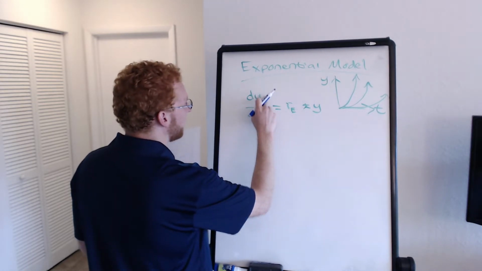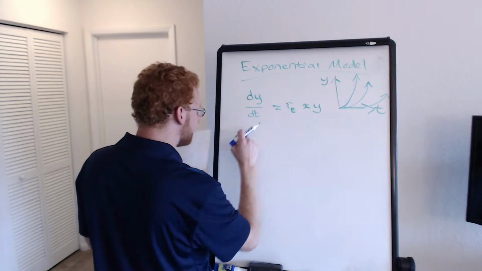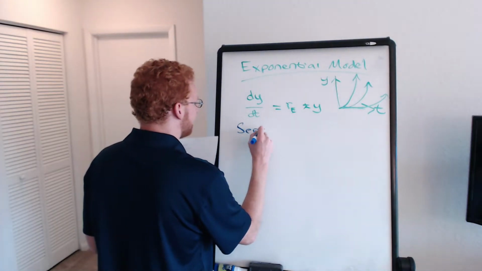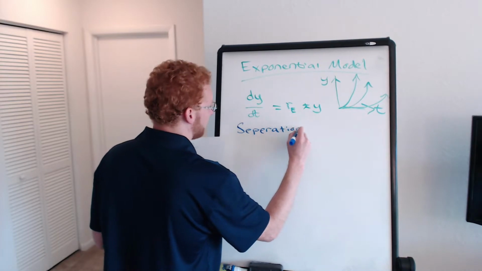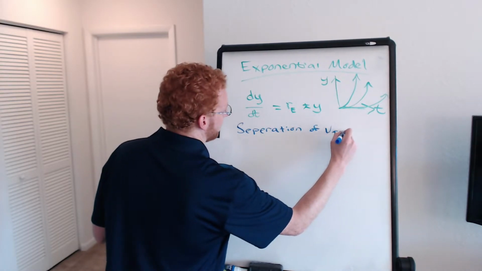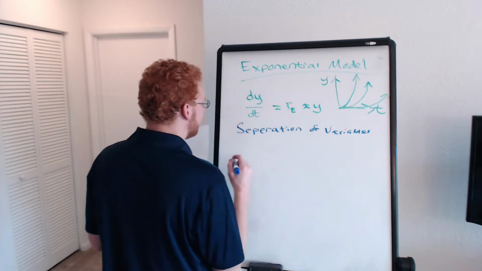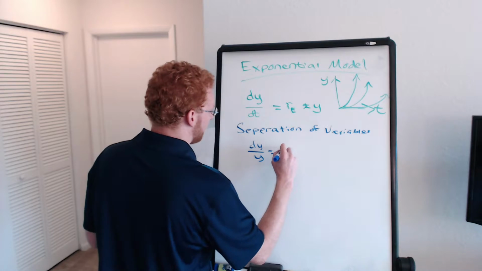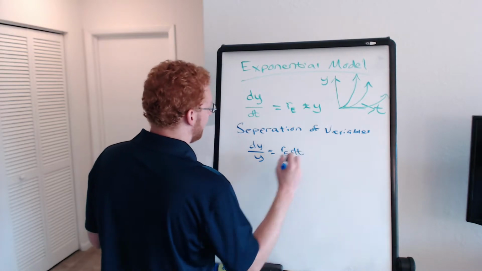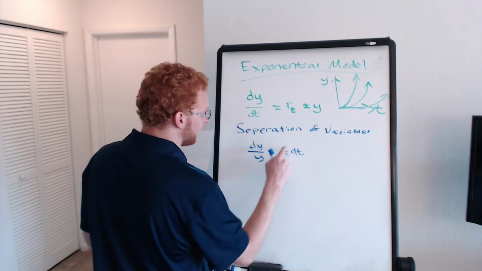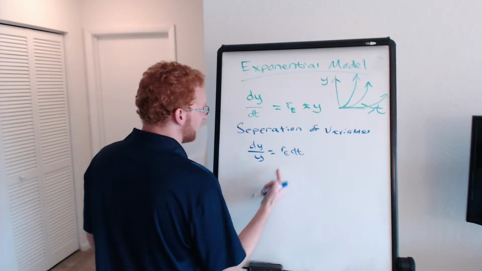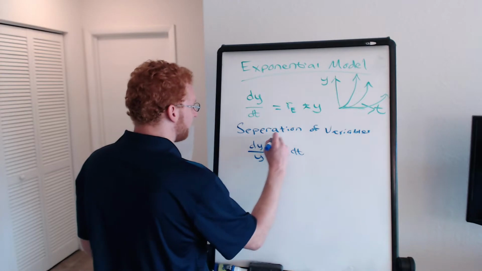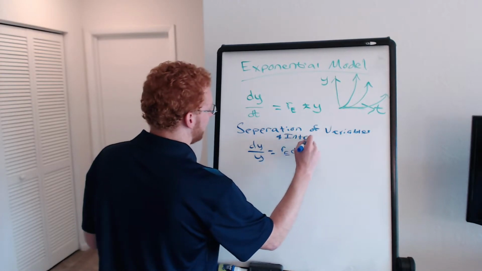Do separation of variables. Then we get dy over y is equal to r sub e dt. So we have all the y's grouped together and all the non-y's grouped together. You could put the r sub e anywhere, it doesn't matter, it's constant. Then we integrate.